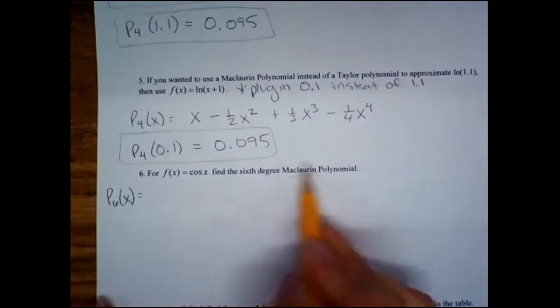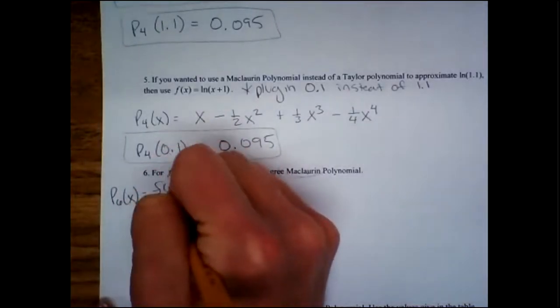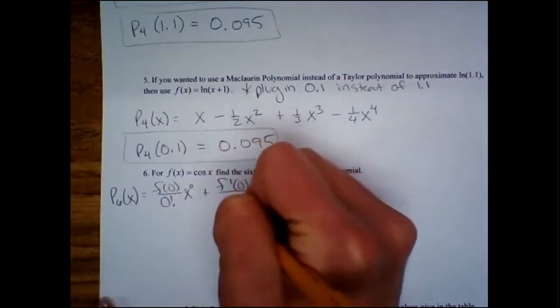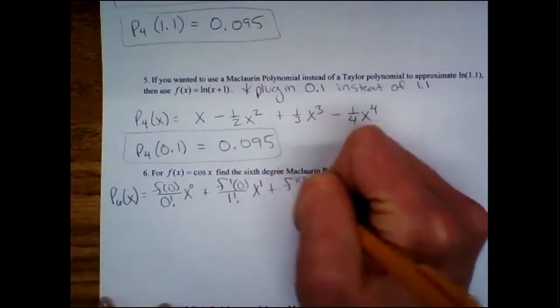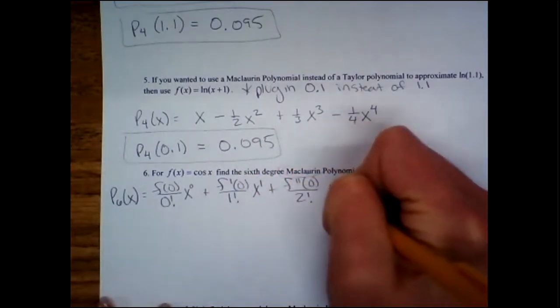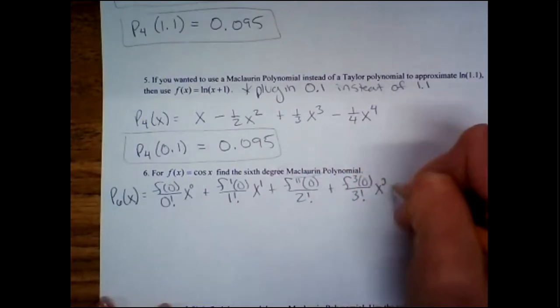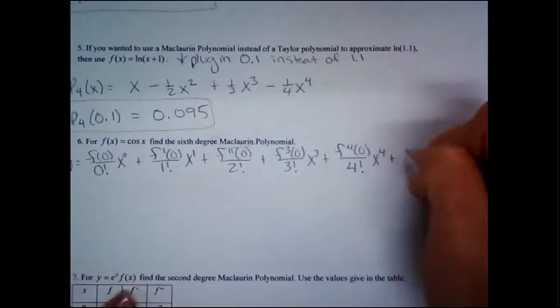The one nice thing is that it's Maclaurin, all right? So it'll be f of 0 over 0 factorial x to the nothing. First derivative at 0, 1 factorial x to the first. This definitely goes in the tedious but not difficult category.